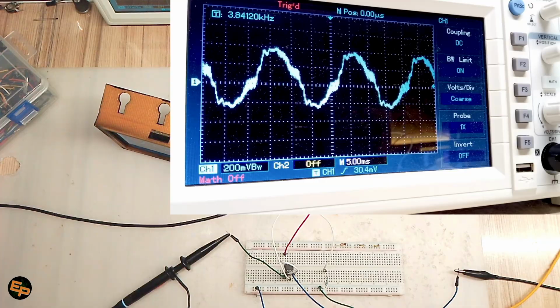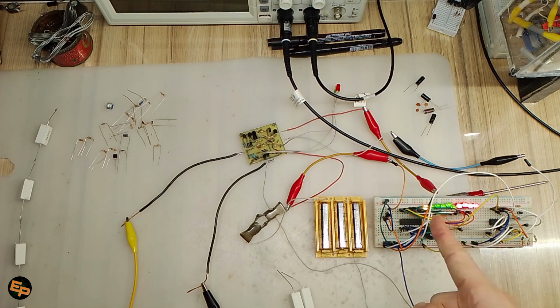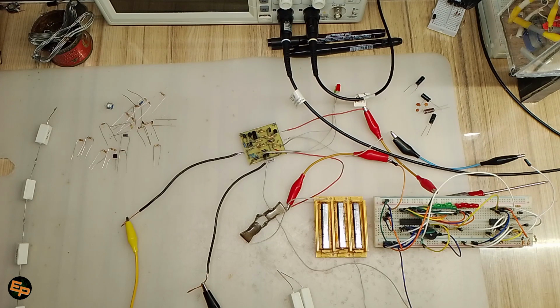Other than that, I want to show you another video from this project that I was working on recently and that I finished, and I want to show you another case where this phenomenon can basically screw around with us. I had two circuits here, one in the middle of the screen. It was already built on a PCB, and one that I was testing on the breadboard.